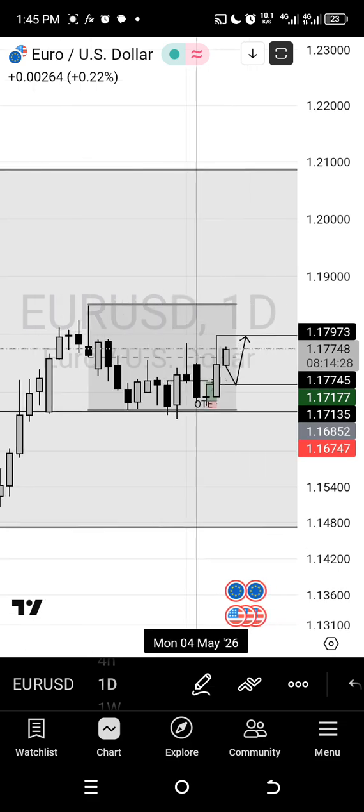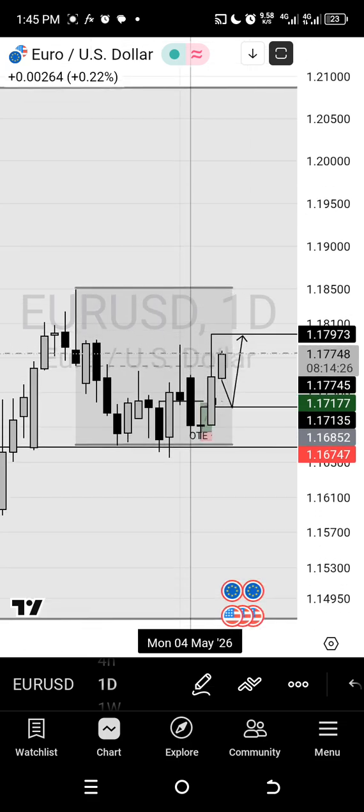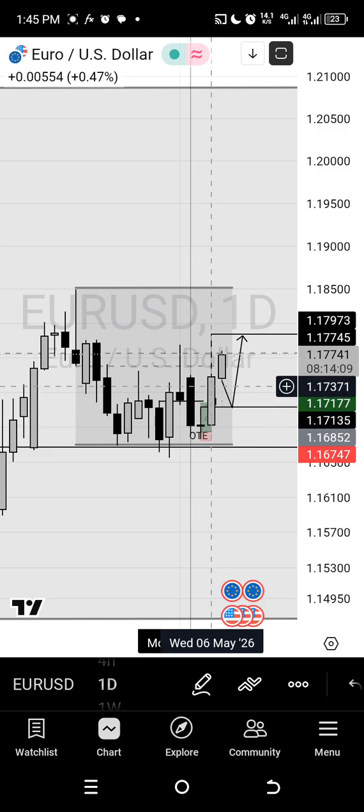If price comes back to this key level here, because I said so, whenever you are trying to identify buyers, you can use the if-then principle. If you close above, then we are going higher. If you close below, then we are going lower. And if you wick below, you are going higher. If you wick above, you are coming lower.